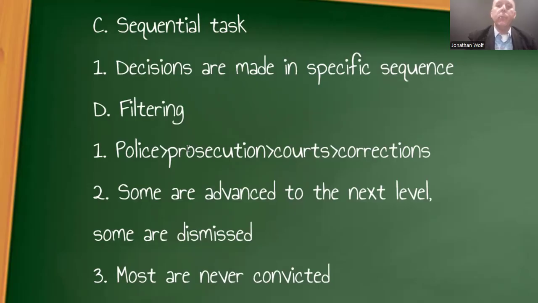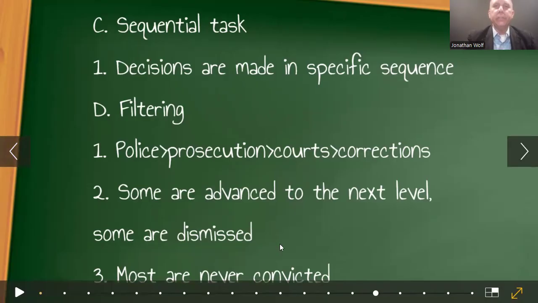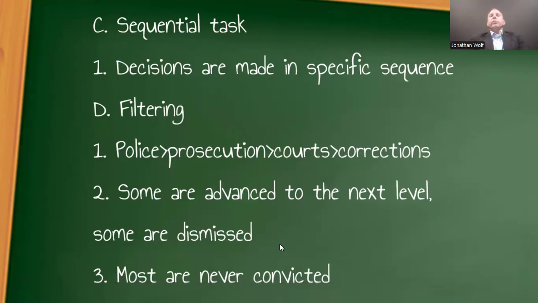So let me give you an example of how some cases are dismissed. When I first started working for the department that I work for, I wasn't really used to working for a local police department. My experience has been with the Pennsylvania State Police.